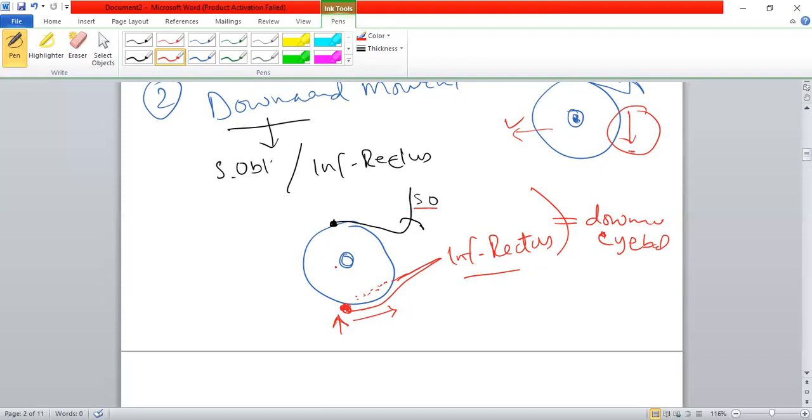But if the eyeball is in the medial side of the cavity, so in the adducted position, okay, let me make the adducted. So suppose the eyeball is adducted, this is the superior oblique. Now just concentrate on the inferior rectus.